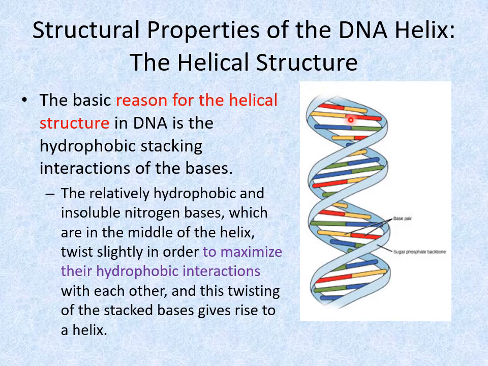Gradually the entire molecule in which the stacking of these nitrogen base pairs will take the form of a helix. So that is the reason for the helical structure of the DNA molecule.